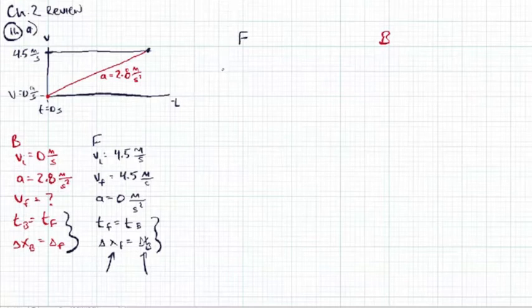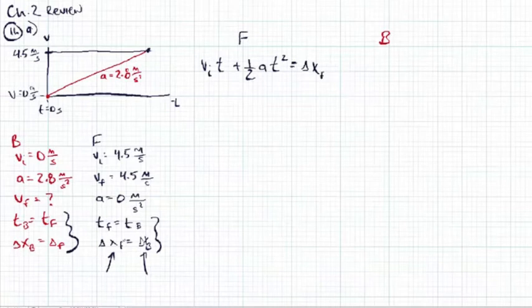So we can take our fourth equation of motion, which is v initial times t plus 1/2 times acceleration times t squared equals displacement, right? That's going to be the displacement of the friend, F.